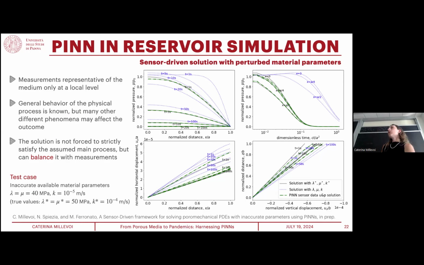No, we didn't do it. Actually, the loss term weights are updated with the usual algorithm. I don't remember exactly which algorithm we used, probably the neural tangent kernel of the loss function. So they are updated during the training. We didn't decide to balance these two terms, and so focus more on the residual or on the data.